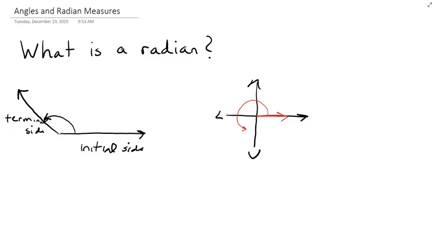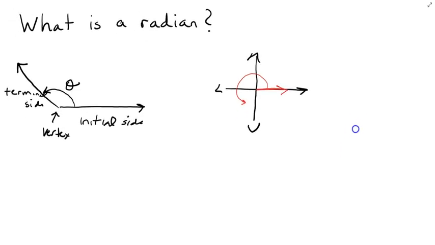So let's get back to the different parts of our angle. That corner piece is called a vertex. And then the angle itself falls between the initial side and the terminal side if you're counting in the counterclockwise direction, as long as our angle measurement is positive.